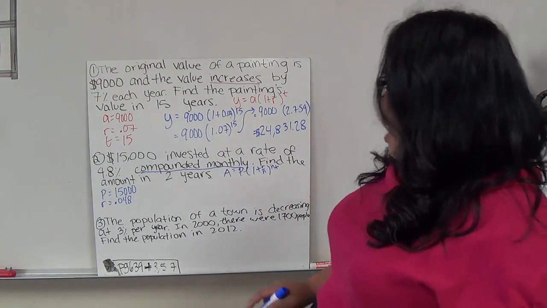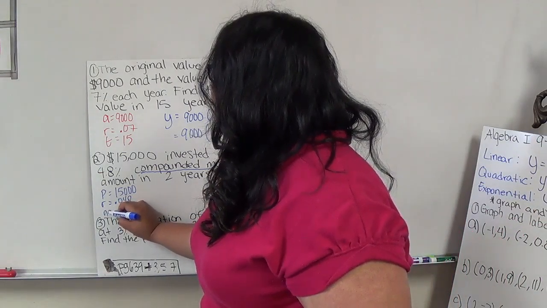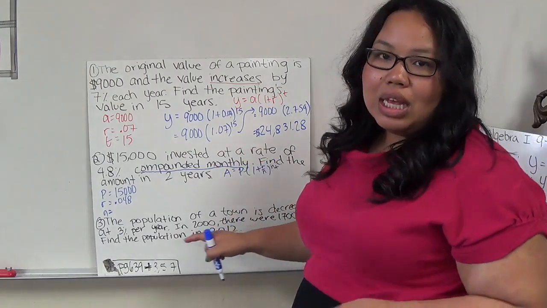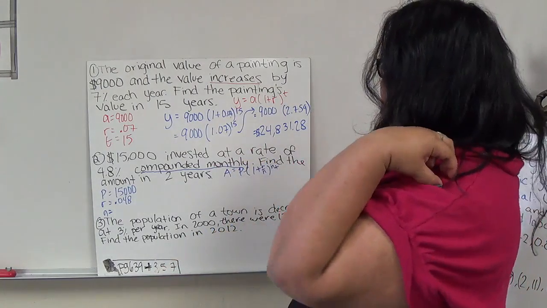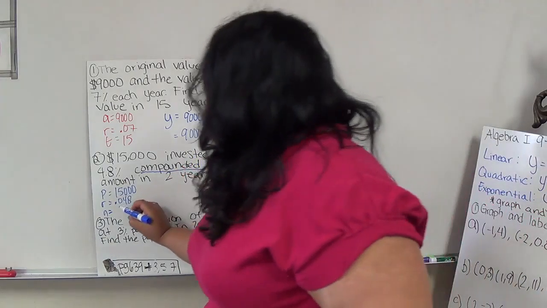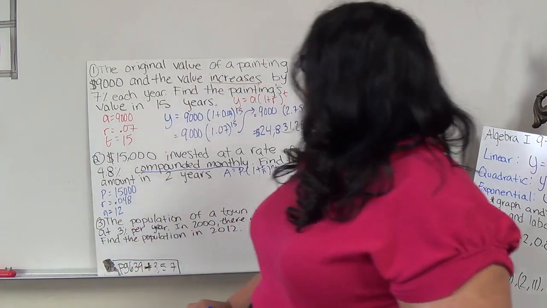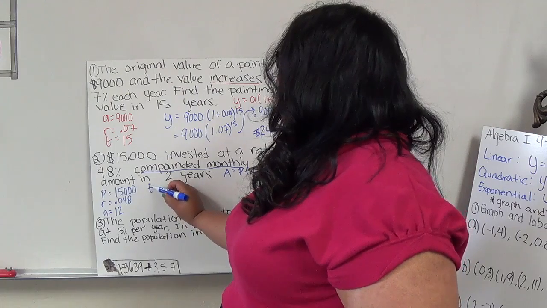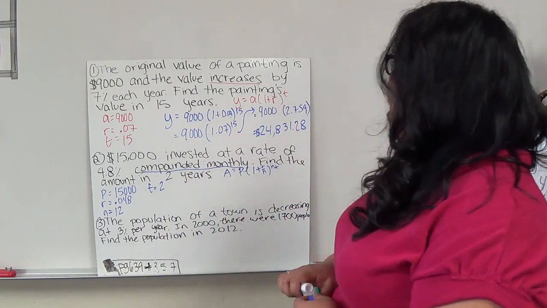And then my n is how many times it's compounded in a year. Well, if it's compounded monthly, that means every month the interest is compounded. So that gives me 12, because there's 12 months in a year. And my time is 2 years, how much I'll have in 2 years.